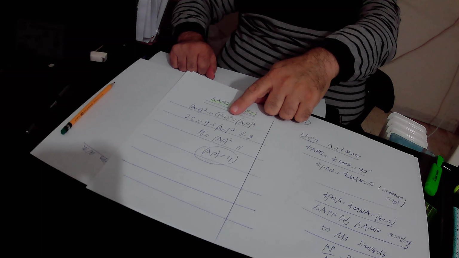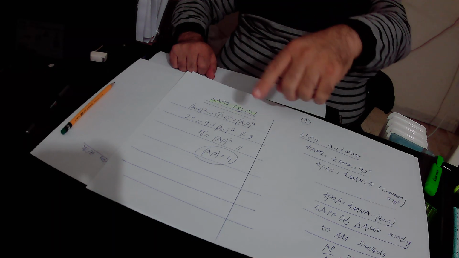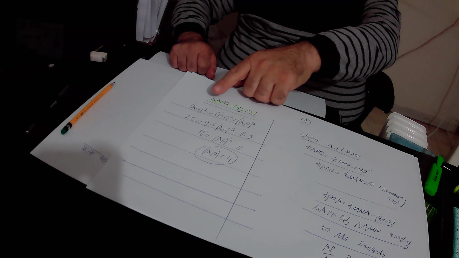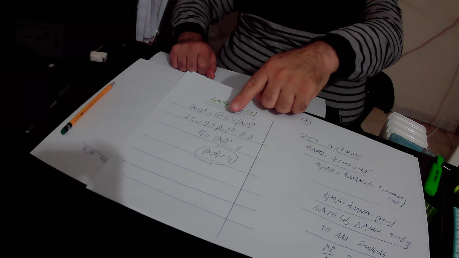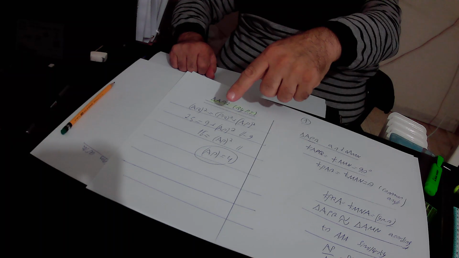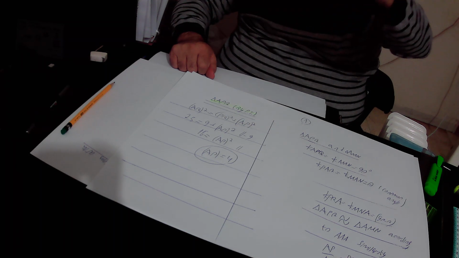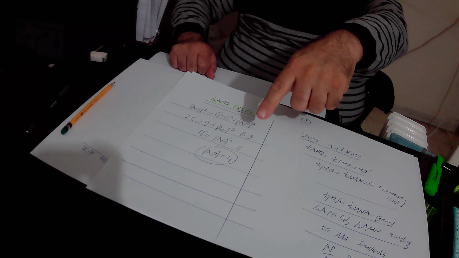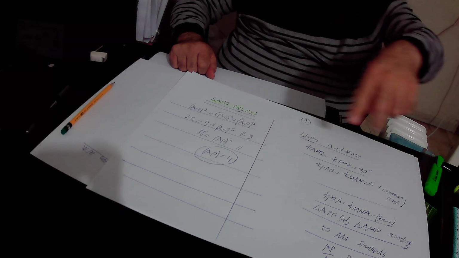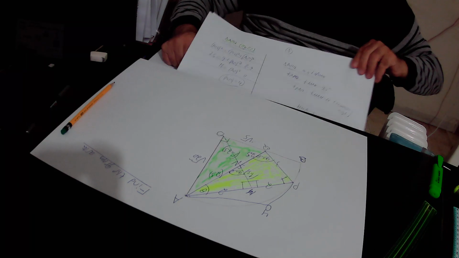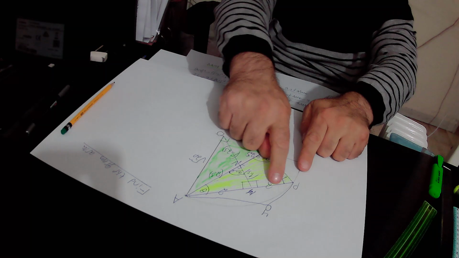PQ equals 3, therefore PQ squared is 3 squared, that is 9, plus AP squared. So 25 equals 9 plus AP squared. We subtracted 9 from this equation and found that 25 minus 9 is 16, equal to AP squared. We took the square root and found that AP equals the square root of 16, that is 4. So here AP equals 4 units in length.